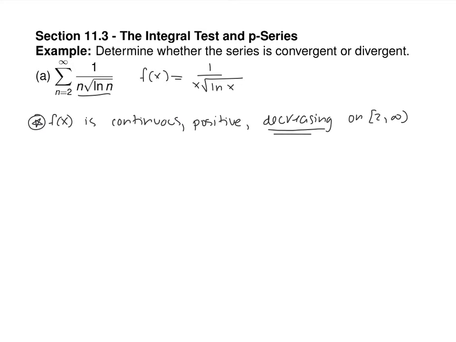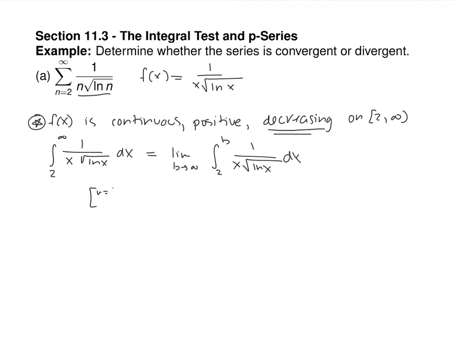So instead of finding the sum, you can find the integral from 2 to infinity, 1 over x square root ln of x. So that's the limit as b goes to infinity, integrate from 2 to b, 1 over x root ln of x dx. And we'll do a u substitution for ln x. du will be 1 over x dx.